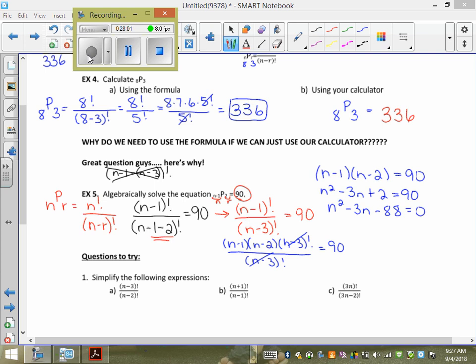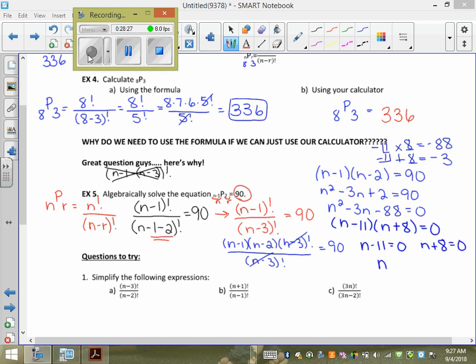What multiplies to give me negative 88 and adds to give me negative 3? What do we get? Negative 11, positive 8. And we don't have to do decomp, which is nice. And so we get n minus 11 equals 0, n plus 8 equals 0, n equals 11, n equals negative 8.